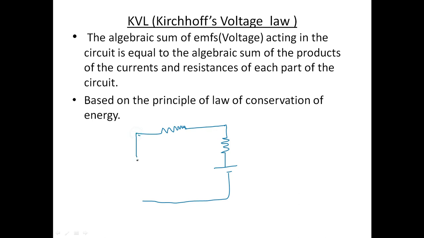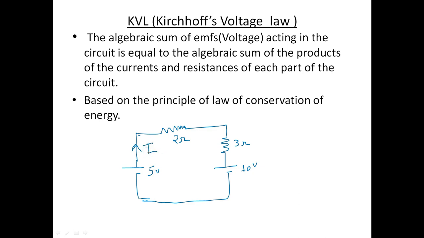Let's suppose this is 5 volt, this is 2 ohm, this is 3 ohm, and this is 10 volt, and the current going through this is I.